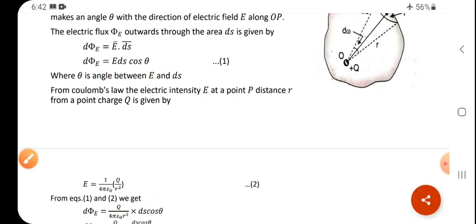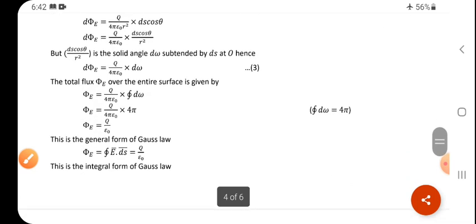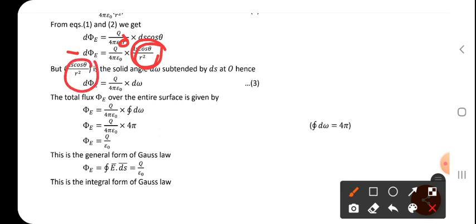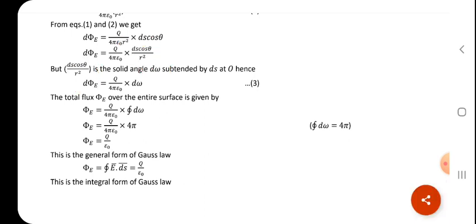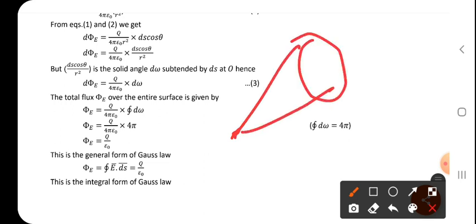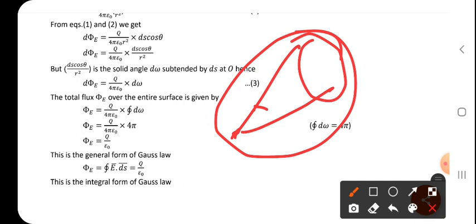Once again see it. Here I am writing r square under this quantity. This quantity, ds cos theta by r square, is a solid angle, denoted by d omega, subtended by ds at O. If you see the diagram, the point O is here and we have drawn lines like this, so it is like a cone, and it makes an angle here.